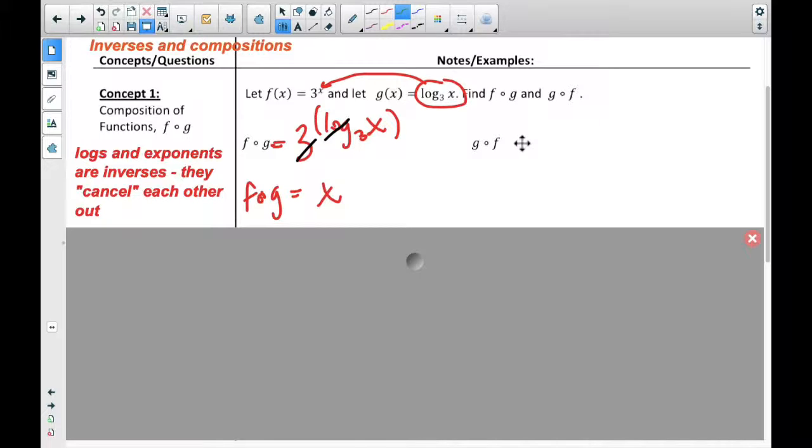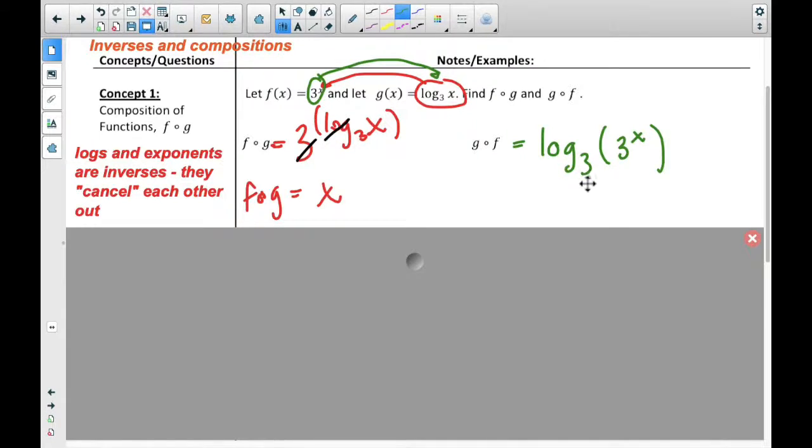Let's take a look at another example. This time we're going the other way. We're going to take f of x and plug it into the log of x. So I'm going to take the log base 3 of, and put in 3 to the x power. So again, we have log base 3 of 3 to the x power.